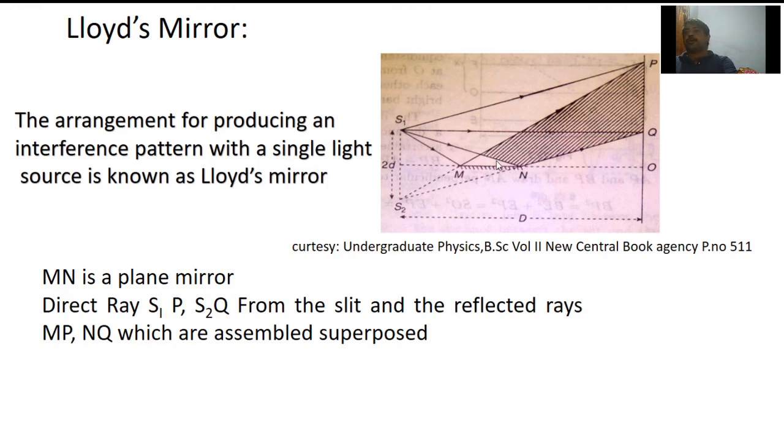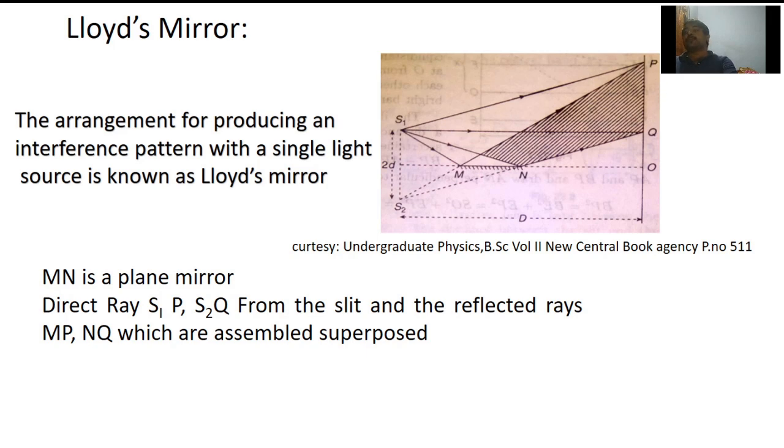Let us draw a perpendicular from the midpoint of the line S1S2 to the screen, where the intersection point is O. Thus, in Lloyd's experiment, less than half of the interference pattern is available.